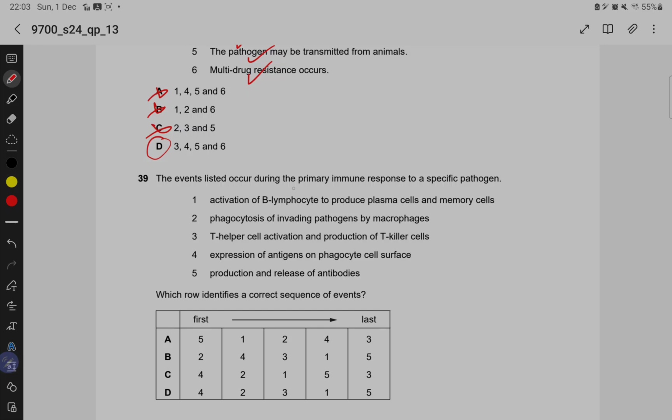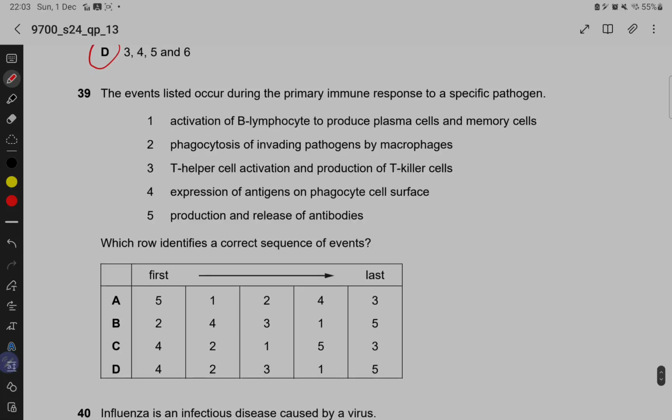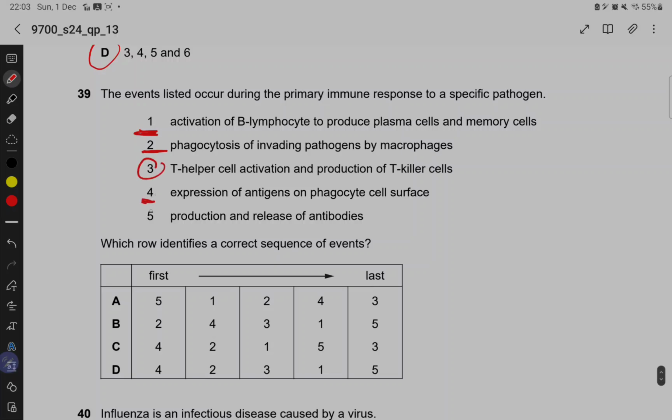Events listed occur during the primary immune response to a specific pathogen. Two is going to be one of the earlier ones, and 1 is going to be one of the later ones. 3 is going to be in the middle. 4 is going to be an earlier one, and 5 is going to be one of the later ones. Okay, so a phagocyte is going to consume the pathogen.